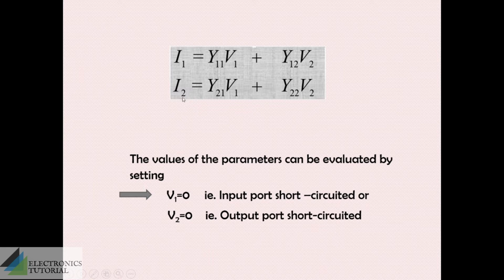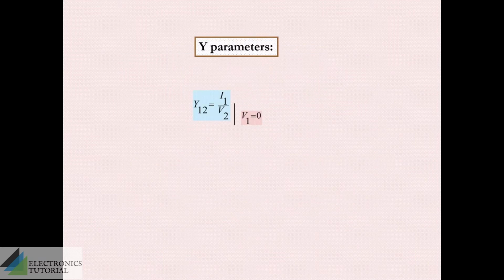Similarly, the second equation will become I2 is equal to Y22 into V2. That means Y22 is equal to I2 divided by V2. So the parameters that we obtain from this condition are Y12 is equal to I1 by V2 when V1 is equal to 0, and Y22 is equal to I2 by V2 when V1 is equal to 0.